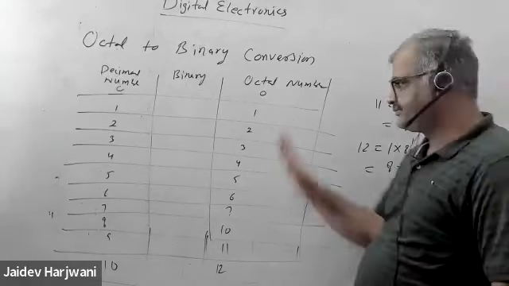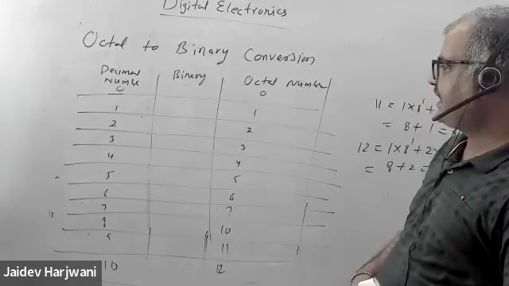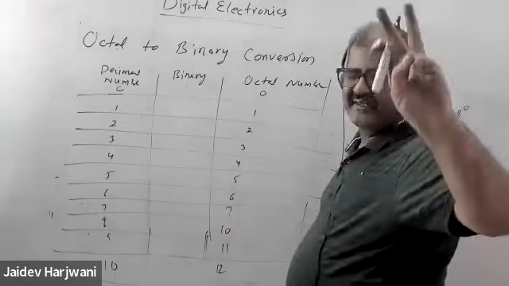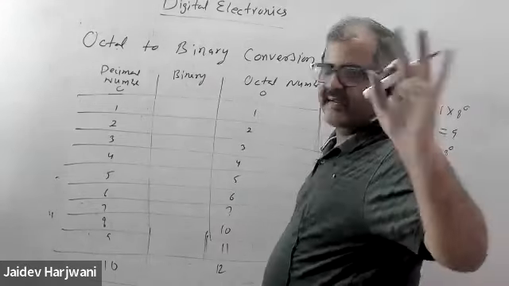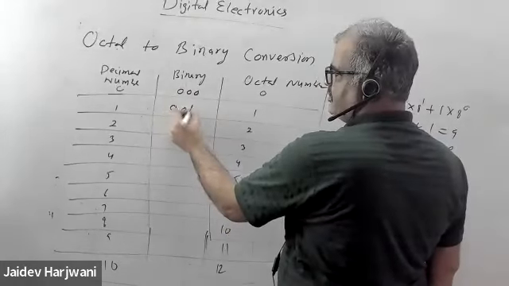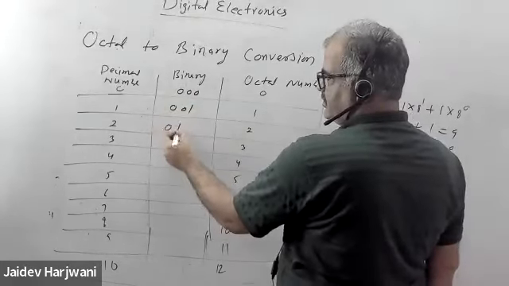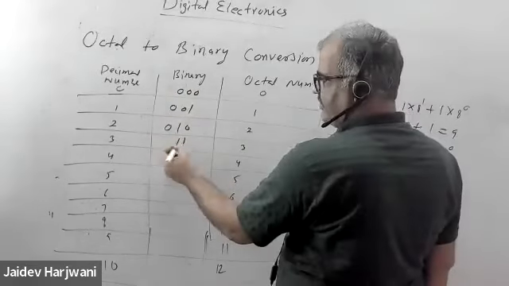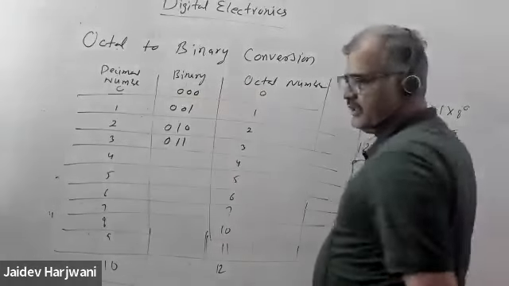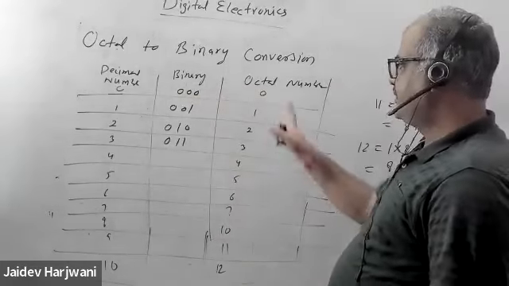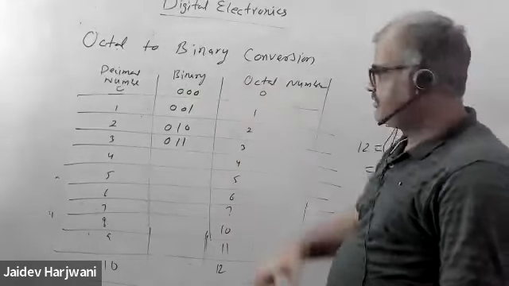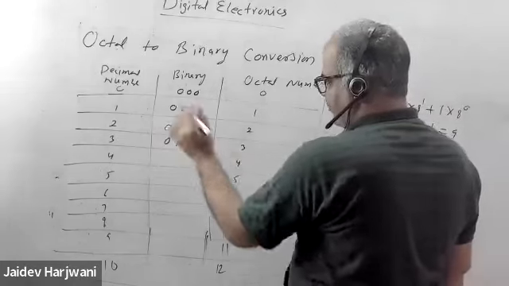Is there any question? Okay. Now, whenever I want to convert this octal number system into the binary number system, I'll always write 3 digits. I'll write a 3-digit binary number. So 0 is equivalent to 000, 1 is 001, 2 is 010, 3 I know is 11, but I have to put an extra 0, because whenever I convert octal to binary, I always write it in three-binary-digit form.